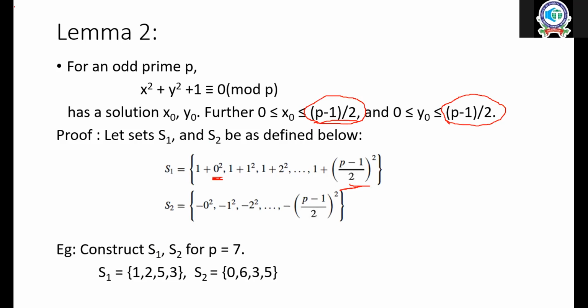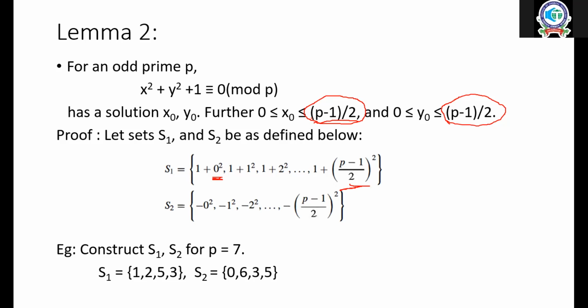She gave a hint also. She circled p minus 1 by 2. A is maximum p minus 1 by 2, b is maximum p minus 1 by 2. What can be the a plus b maximum value? So p minus 1.